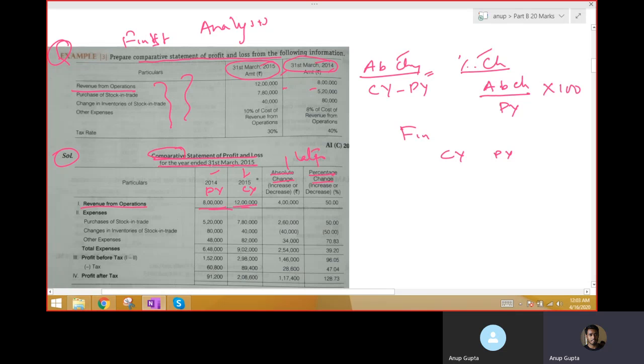Let us first do this one and this one. Then there's purchase of stock in trade and change in inventory of stock in trade.